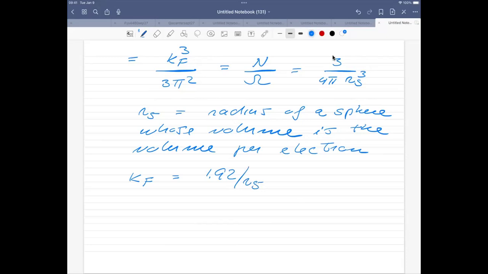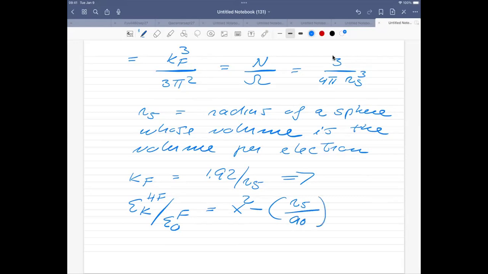And if I do that, then I can rewrite my ratio between the Hartree-Fock energy and the non-interacting Fermi energy as x squared minus, and now I can rewrite everything in terms of the volume occupied by each electron divided by a natural constant, which is the Bohr radius, which defines a natural length scale. And then there is a constant 0.663 multiplied with this function f of x.